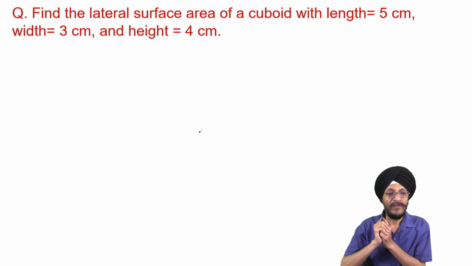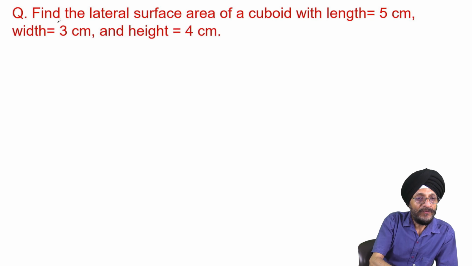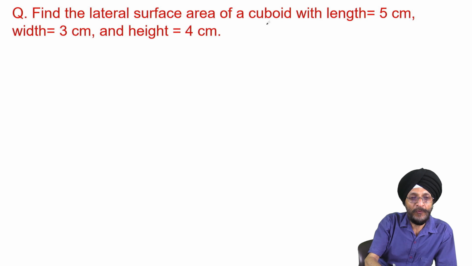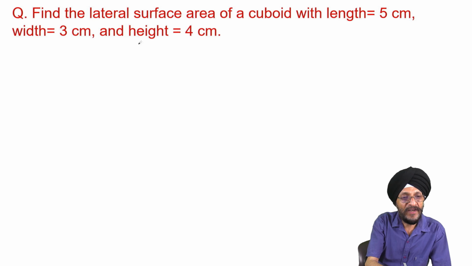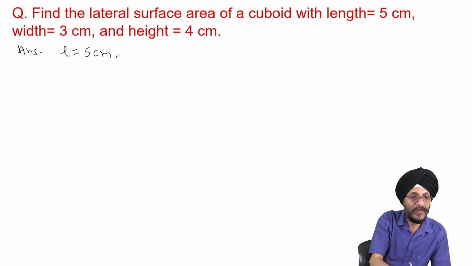Now we will try to solve the question before us. Find the lateral surface area of a cuboid with length equal to 5 centimeter, width equal to 3 centimeter, and height equal to 4 centimeter. So here length given before us is 5 centimeter, width given is 3 centimeter, and the height given is 4 centimeter.